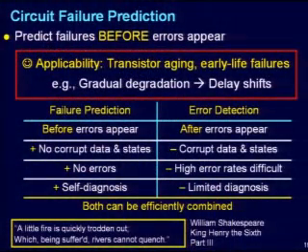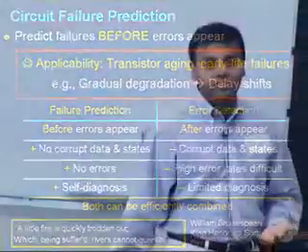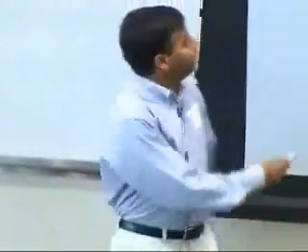Well, the whole idea behind circuit failure prediction is to be able to predict failures before errors appear in system data and states. This is in contrast to classical error detection, where you find a problem after errors have appeared in system data and states. Of course, for something like a soft error or radiation-induced error, you are not going to be able to predict because it's a pretty random phenomenon.